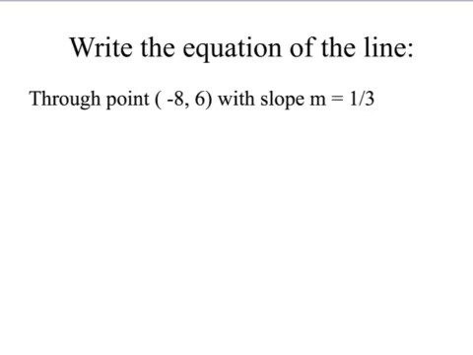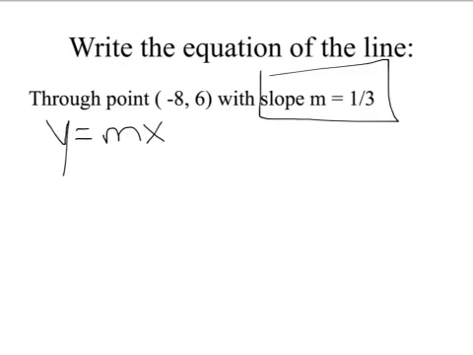So our first example, we're going to write the equation of the line through point (-8, 6) with a slope of 1/3. So like I said, first thing you want to do is find the slope. Thankfully in this example, our slope is given to us. So we can go right ahead into slope-intercept form, y equals mx plus b. We're going to plug in what we know, keeping in mind that this is an x and this is a y.